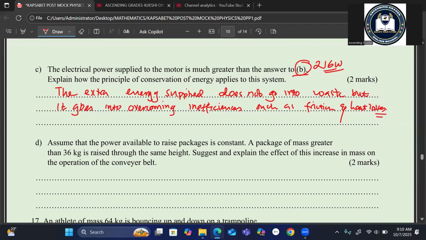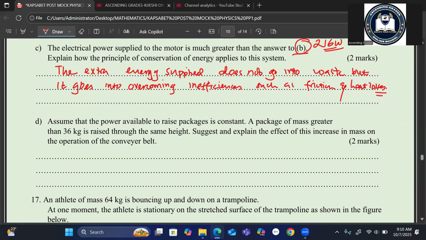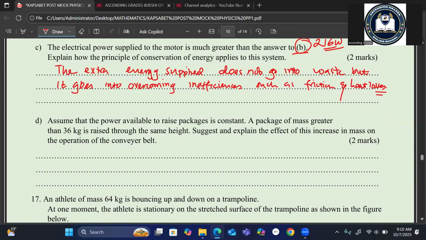Assume that the power available to raise the package is constant. A package of mass greater than 36 kg is raised through the same height. Suggest and explain the effect of the increase in mass on the operation of the conveyor.